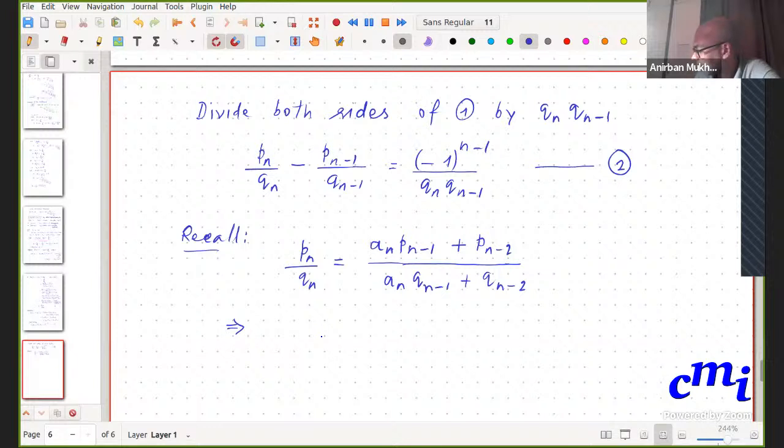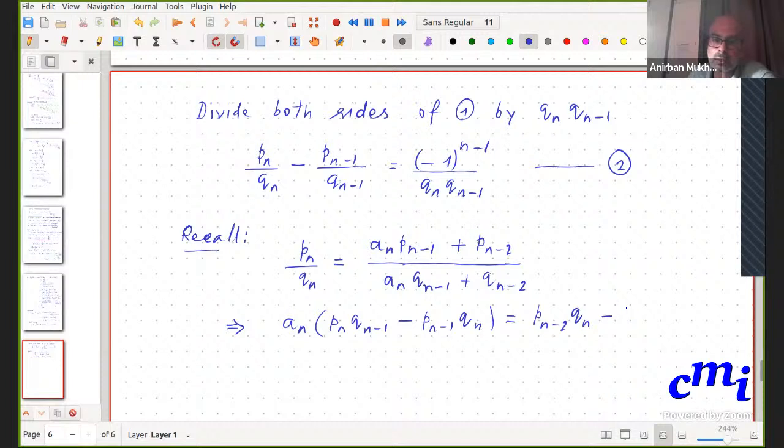If we cross multiply, then what we can write is just Pn Qn minus 2 minus Pn minus 2 Qn. As I mentioned, we are just looking at the difference of 2.